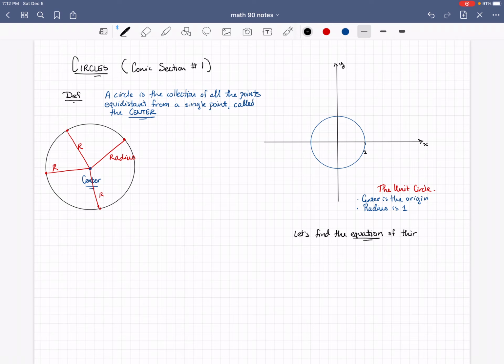In other words, any point (x, y) should satisfy this equation if it is on the circle.